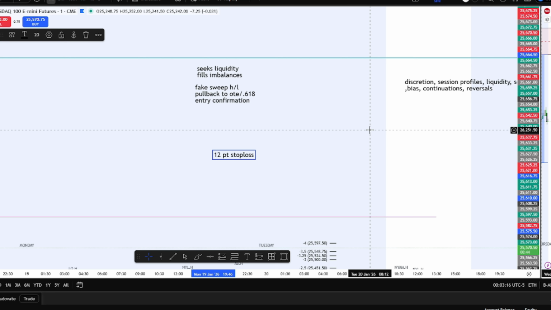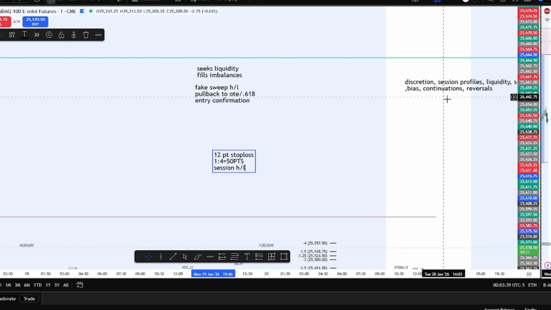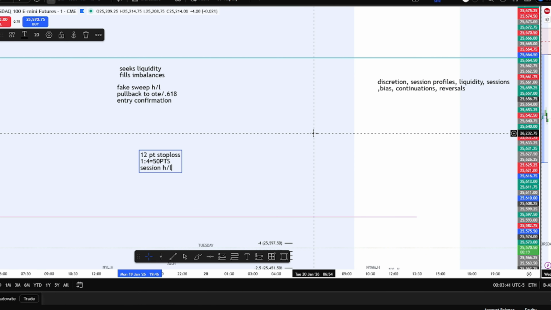And I'm typically targeting either a 1 to 4, which is equal to 50 points, or a session high or low, depending on what your current session profile is.